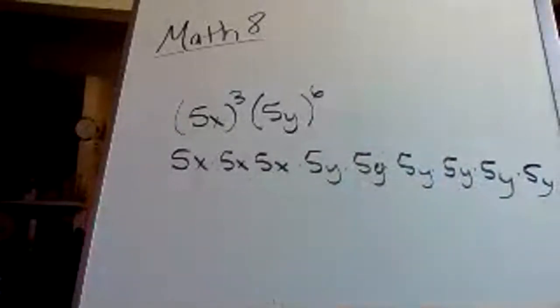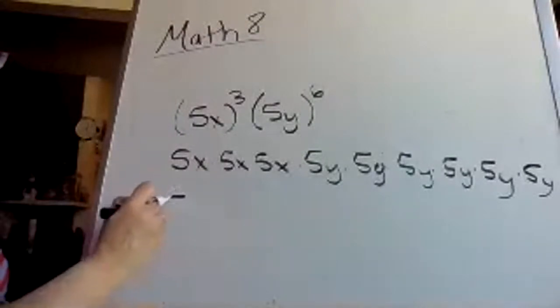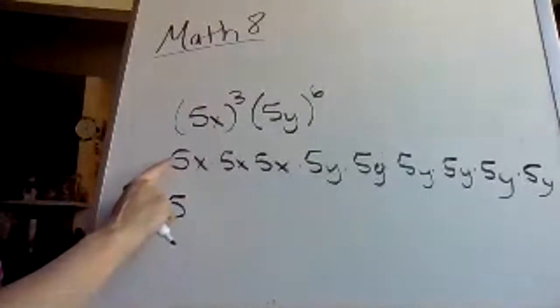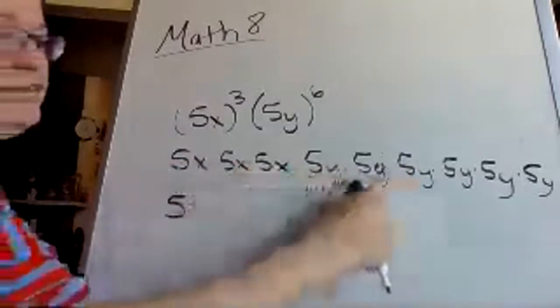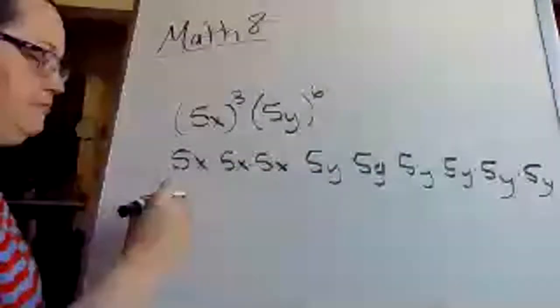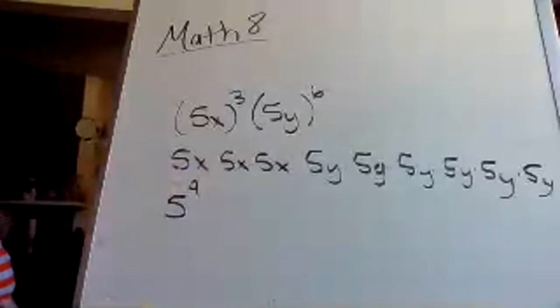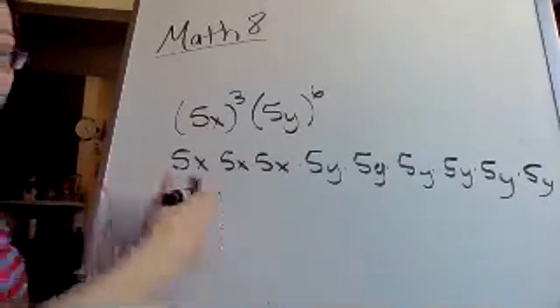That's how I like to do it at first because some of you aren't perfectionists at this yet. And how many 5s do I have? 1, 2, 3, 4, 5, 6, 7, 8, 9. How many x's? Because this is expanded form.